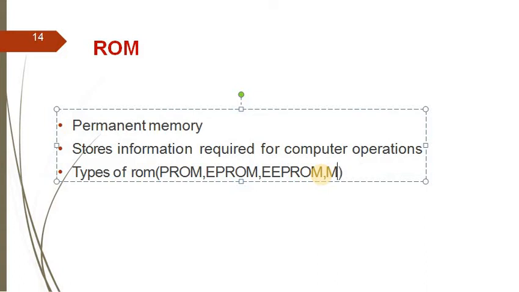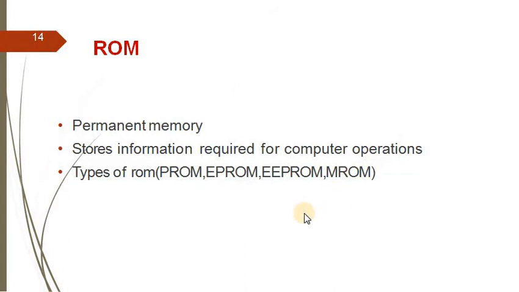So there are 4 types of ROM. That is PROM, programmable read-only memory. EPROM is erasable and programmable read-only memory. EEPROM is electrically erasable programmable read-only memory. And this is masked read-only memory. So this is what about ROM.